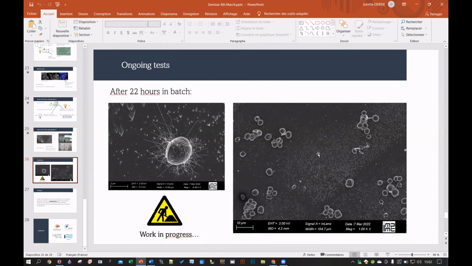Of course, it's difficult to look at the biofilm and then to remove it with the same sample, because for the sample preparation you need to carbon coat the surface, and once you do that, you're no longer able to remove the coating and the cells and look at the topography.